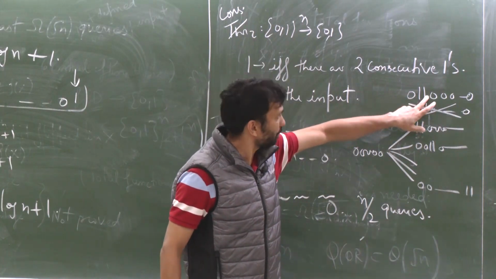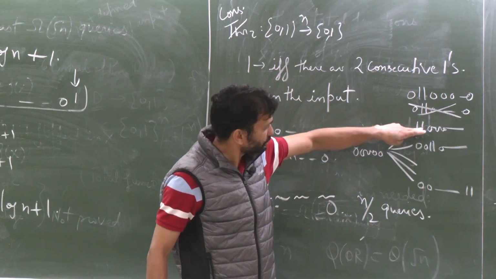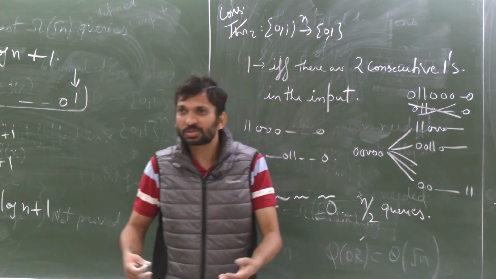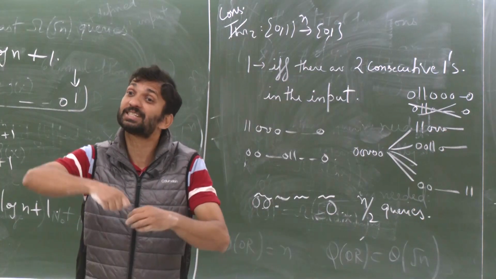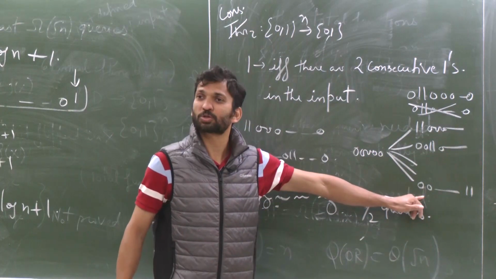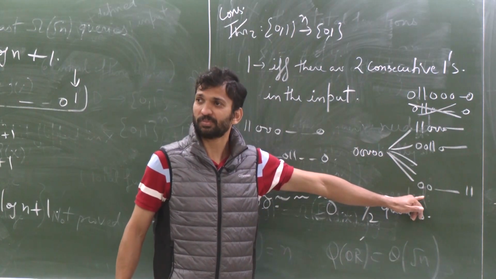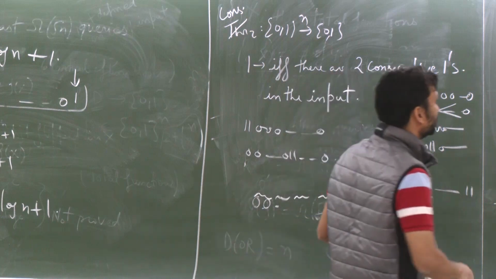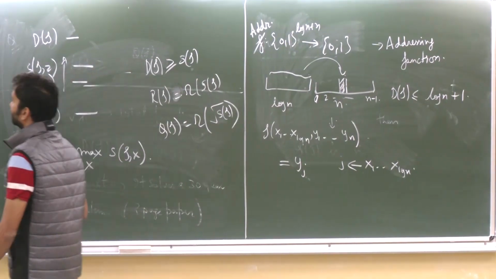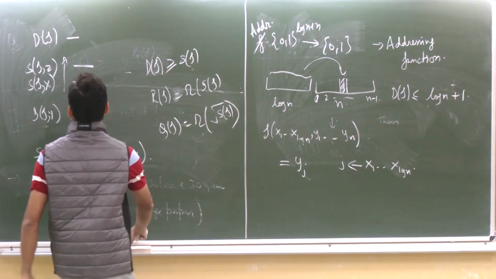So querying the second bit here also tells me something about this input and this input. So then I will not be able to say that you definitely have to query distinctly from all these. That is why I need these blocks to be disjoint. Okay, so this lets me define the measure called block sensitivity.